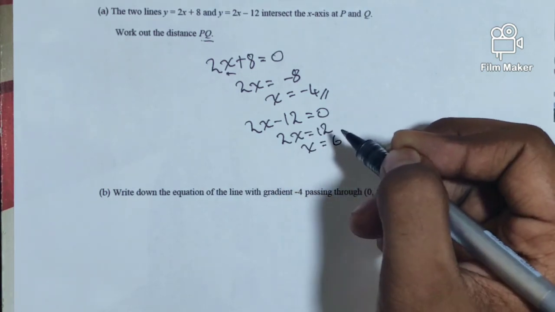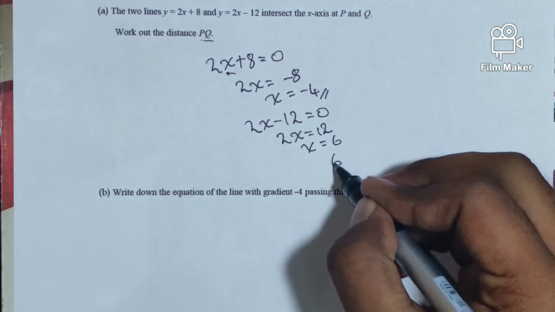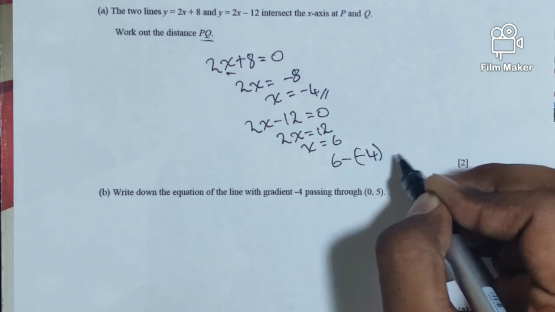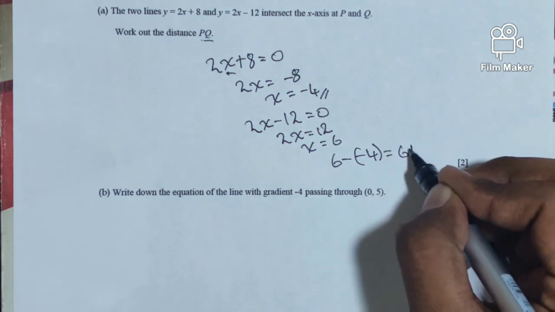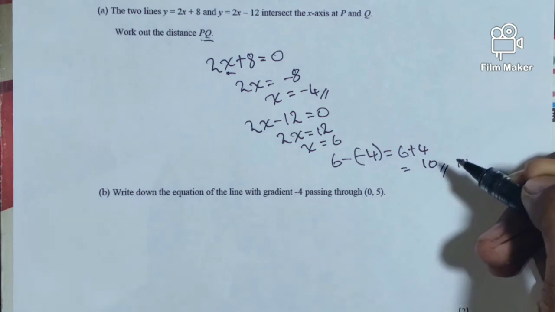Now we need to find the distance of PQ. Now the distance of PQ is then 6 plus 4, which equals 10. So this is the final answer for this question.